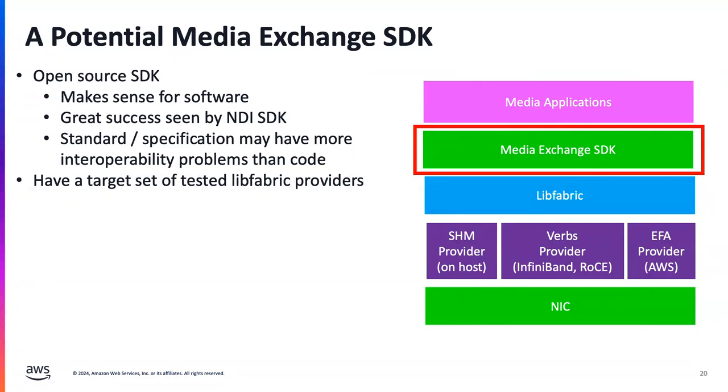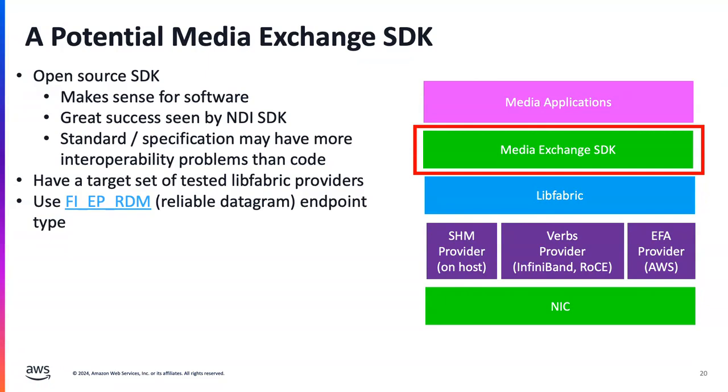I will say AWS already has a high efficiency uncompressed media transport called AWS CDI, which runs really well on AWS. To date, nobody's been able to port it elsewhere. It also lacks a couple of bits of functionality, which I'll address in a second. I think we probably are going to use a reliable datagram endpoint type that happens to be common to all of these providers, and I think it makes a lot of sense.